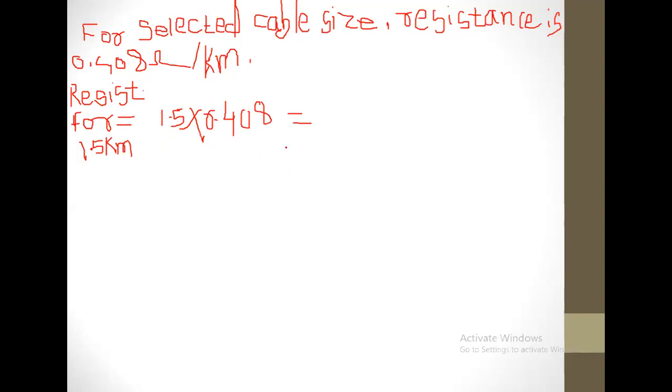We are just calculating the resistance for 1.5 kilometers.